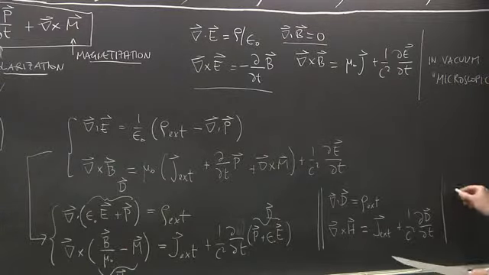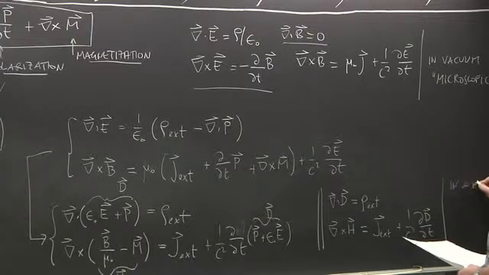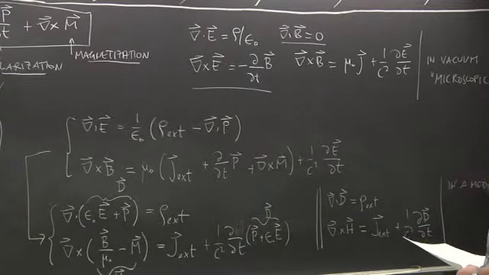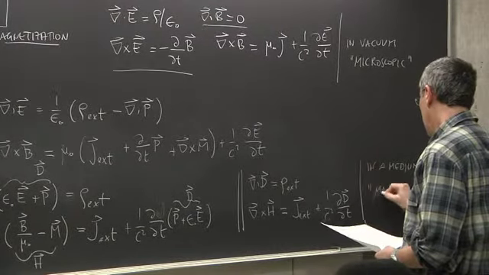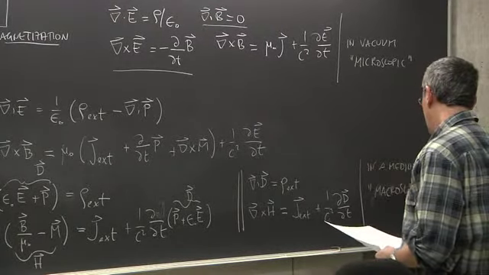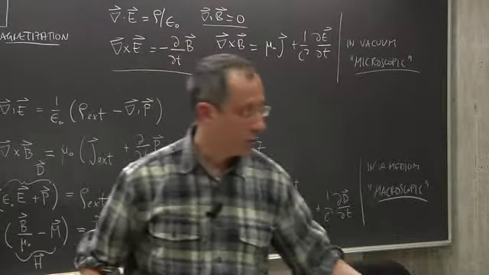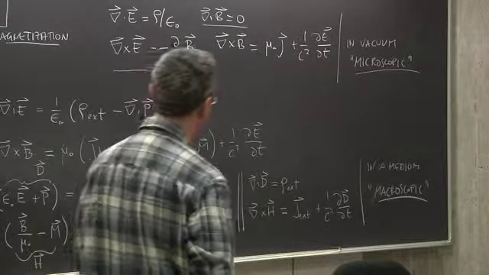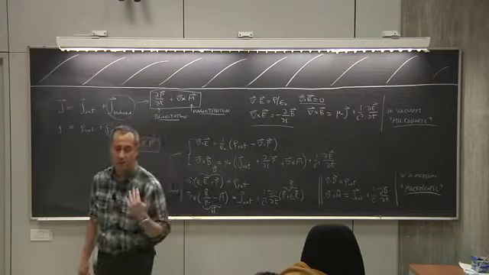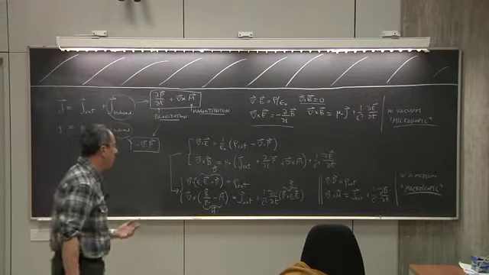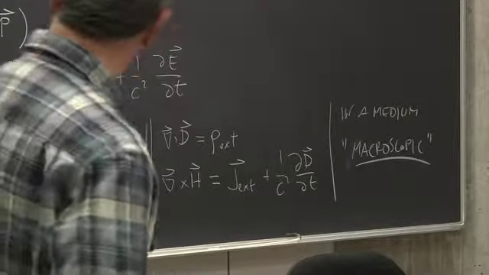So these are Maxwell equations in a medium, or macroscopic Maxwell equations. Usually in the textbooks you will see these because these are the ones that are correct. But then you have to explain what these fields are. In fact, they even have a name.